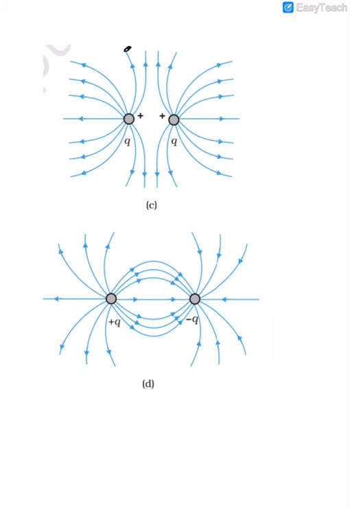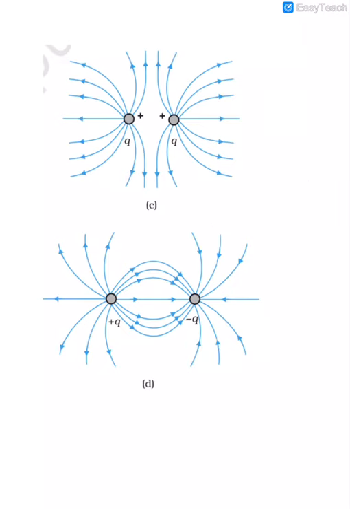If you cannot visualize, then of course you'll have to mathematically calculate it, but in some places it's pretty easy, like over here right behind Q, obviously the force will be in this direction. Similarly, if you have plus Q and minus Q facing each other like this, then the field lines will look like this.